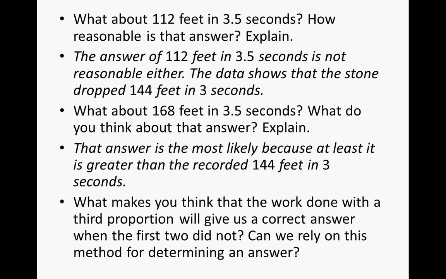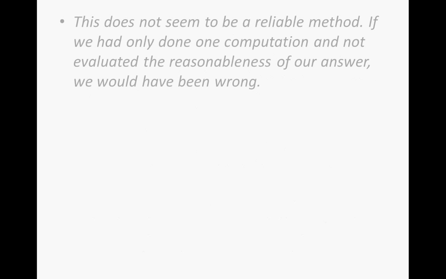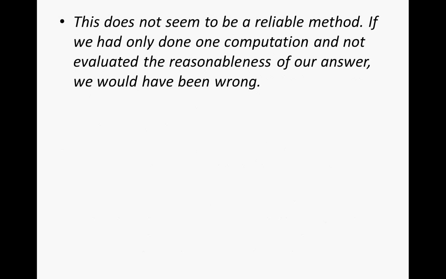So what makes you think that the work done with the third proportion will give us a correct answer when the first two did not? Can we rely on this method for determining an answer? Well, this does not seem to be a reliable method. If we had only done one computation and not evaluated the reasonableness of our answer, we would have been wrong.